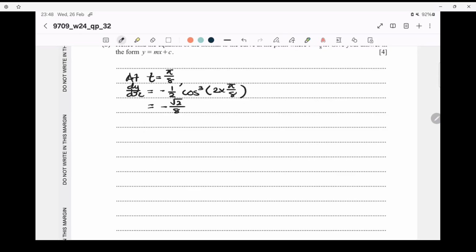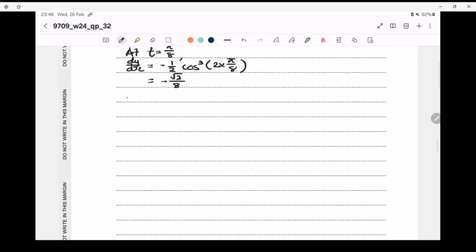So using m1 multiplied with m2 equals to minus 1, this is the equation for normal.